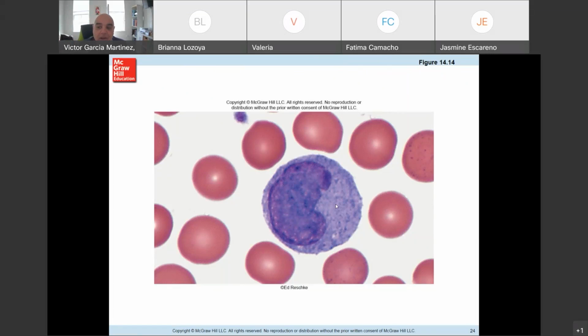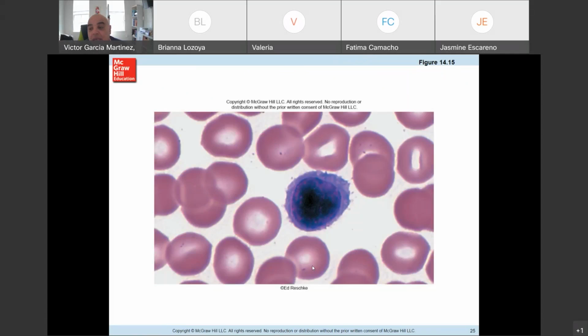Again, they are called monocytes in the bloodstream, but usually they go through the blood vessel, they locate in the tissue, and they are called macrophage. This macrophage is for phagocytosis. They are engulfing particles, they are eating solid particles, such as bacteria and some other strange particles.